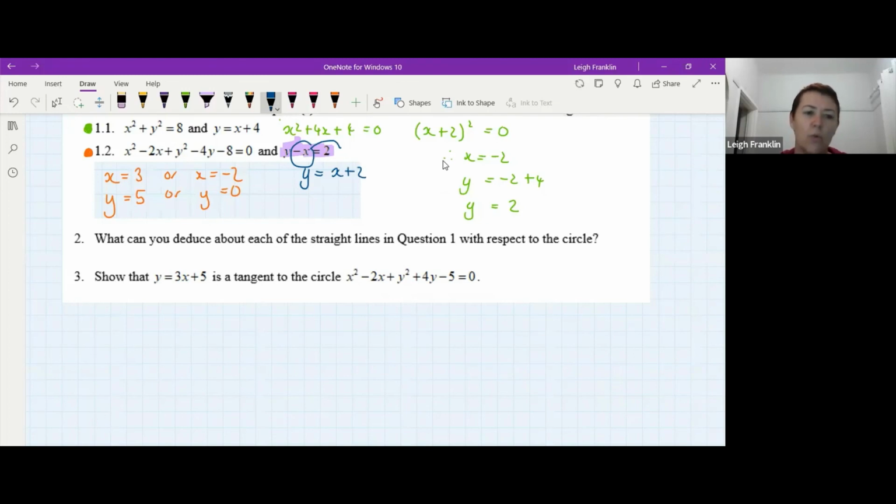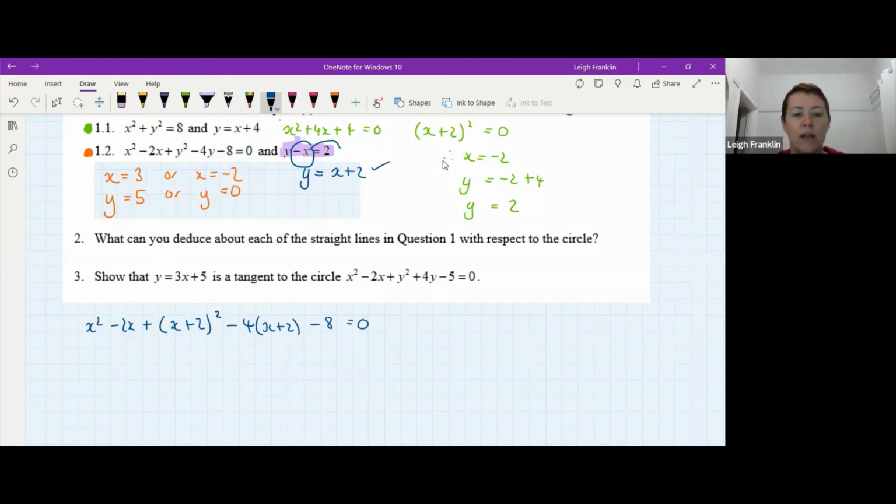We don't need the coordinates of the center. So what I did is I just went and subbed in. So that gave me x squared minus 2x plus y squared. I know that y is now x plus 2, and I need to square that. Minus 4 times y, which is x plus 2, minus 8 is equal to 0.